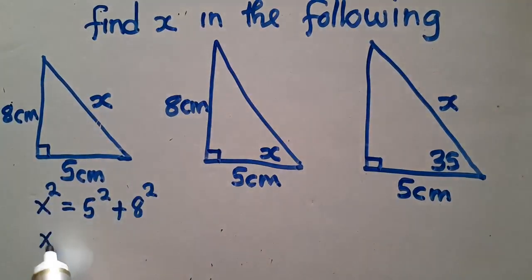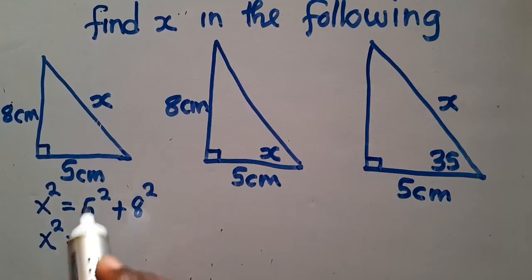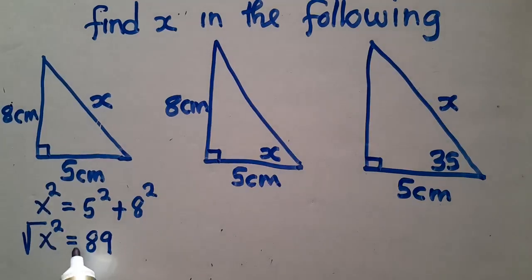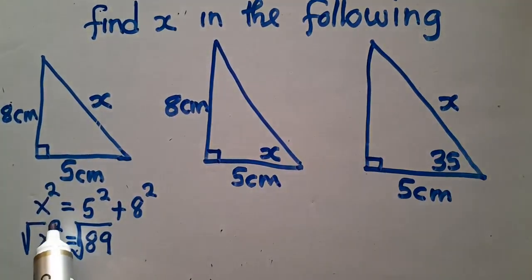Where you say x squared is equal to, you add there, what answer are you getting? You say 5 squared plus 8 squared. Your answer will be 89. Then you introduce the square root here, and you also introduce the square root there, so that the square here is cancelled with the square root there.